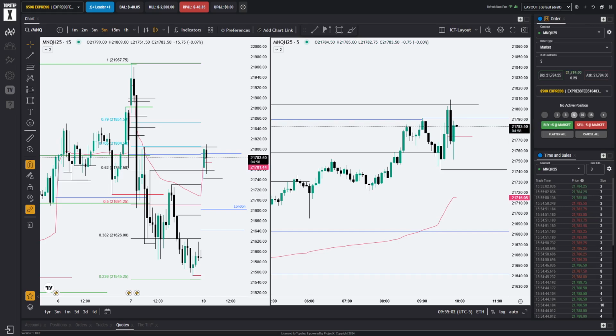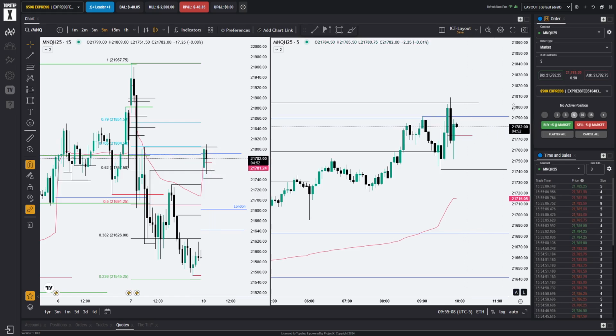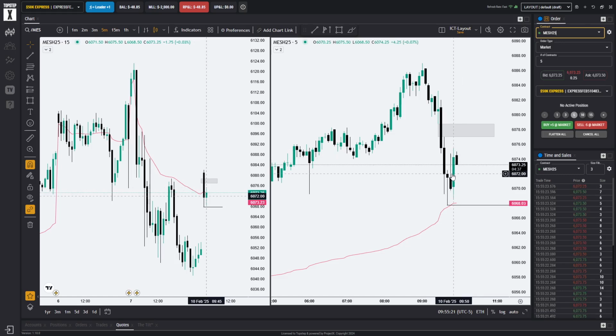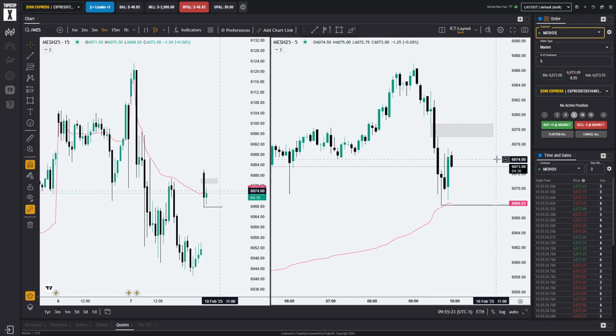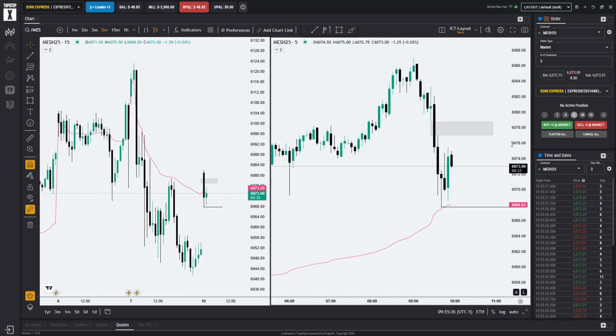Okay. It's a bit tricky. This is the opening price because ES is trying to push higher. NQ sold. I mean, I don't want to long ES. I don't want to long NQ for sure. Something different.